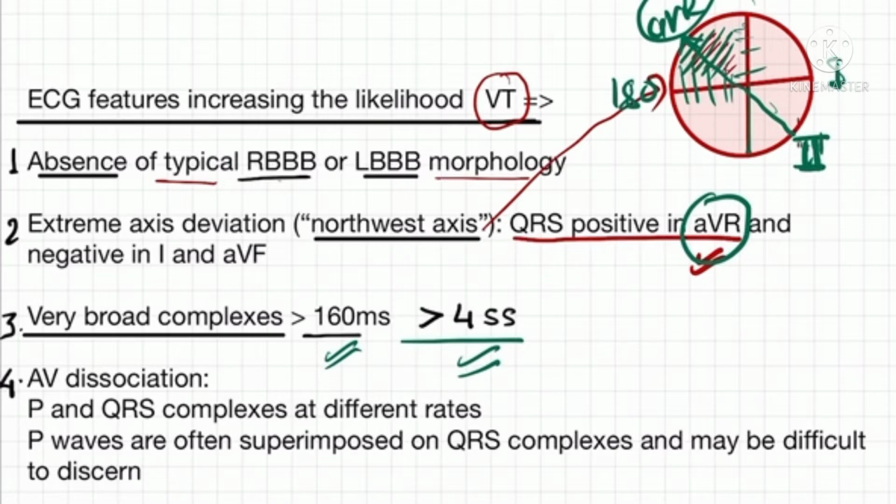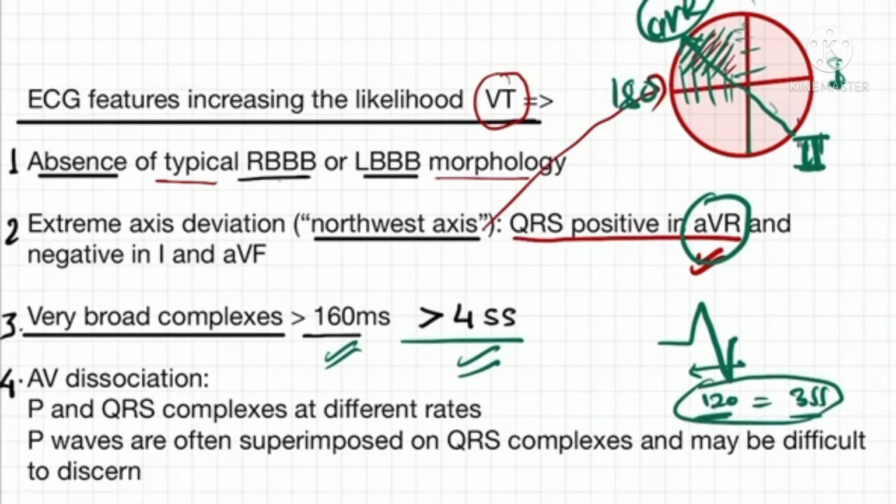In WPW syndrome, we generally see the QRS complex at just 120, that means just 3 small squares. This is a narrow-range QRS. But in the case of VT, if we see this ECG in the emergency with a very wide QRS, more than 4 small squares, then it is more likely to be VT.